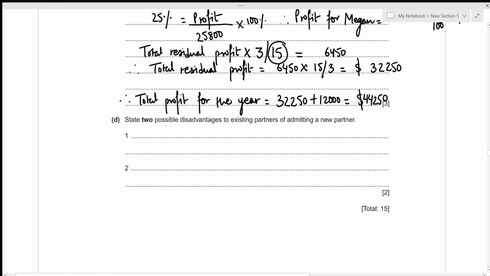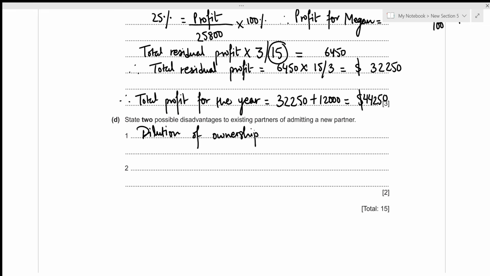So we need to state two possible disadvantages to existing partners of admitting a new partner. So the first one is clearly dilution of ownership. Dilution of ownership means that when there are only two partners sharing the partnership, and you admit a new partner, then the ownership might decrease.